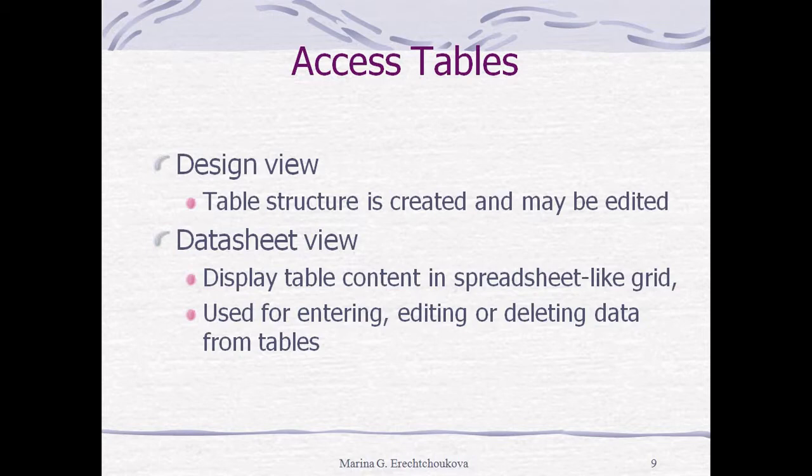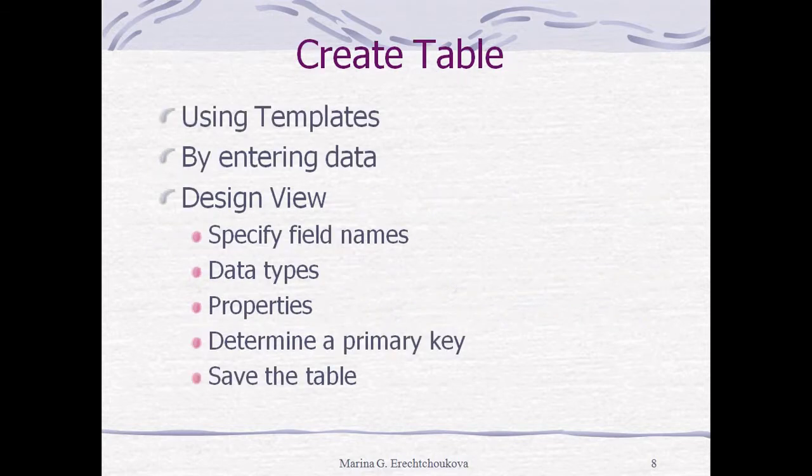But the most detailed and the recommended one is design view, the third method of creating a table, which is a technical method of creating a table. In design view, first you will have to specify what columns you want to create. And then you will have to specify data types, like what type of data will be entered in that particular column. You will have to set the properties.